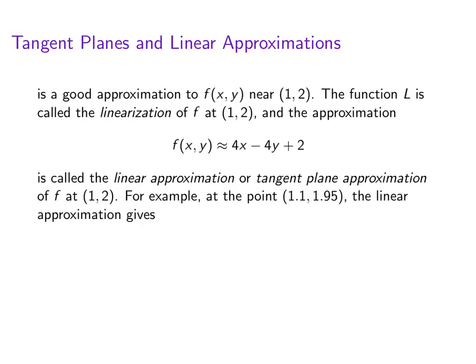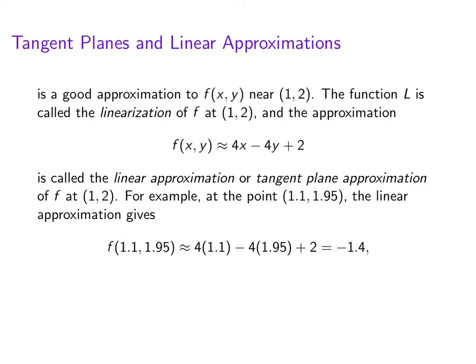For example, at the point (1.1, 1.95), the linear approximation gives f of (1.1, 1.95) is approximately equal to, and now we plug in 1.1 and 1.95 into the linear approximation, and we end up with negative 1.4.